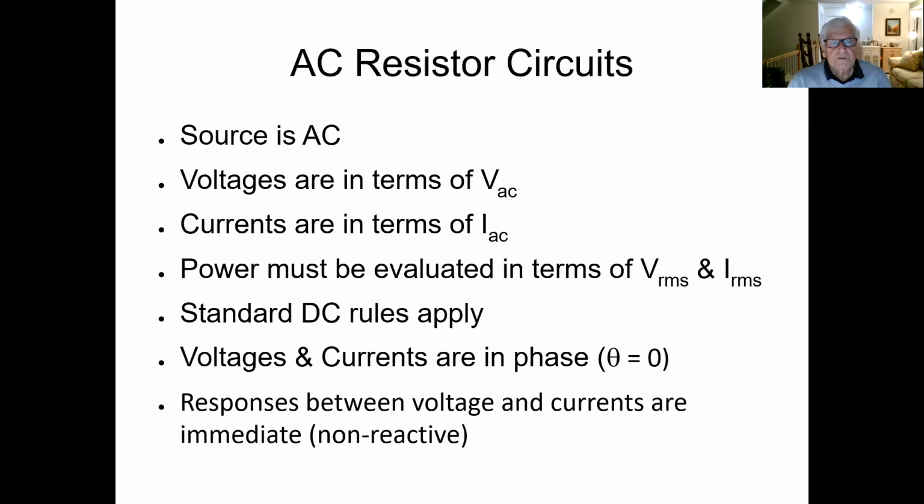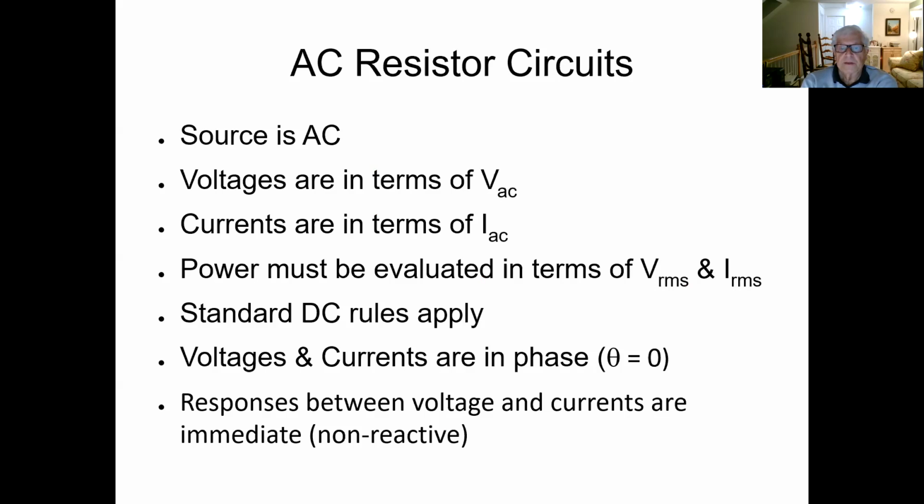If you take AC circuits with just plain resistors, we use AC voltages and currents. From V AC, we get I AC. The power must be evaluated using RMS. So we take V AC, the peak value of the voltage, multiplied by 0.707 to get the RMS value.